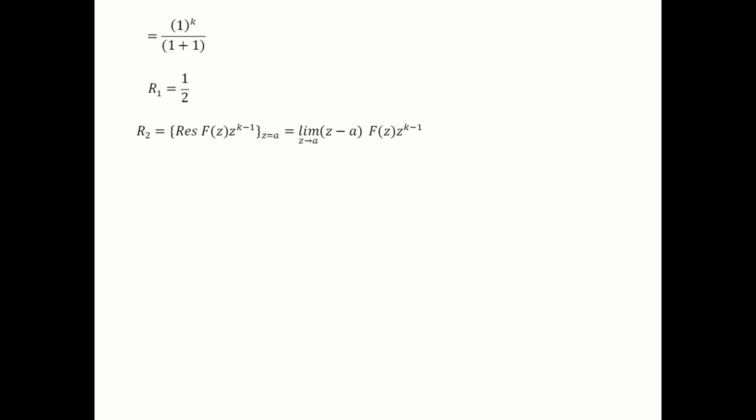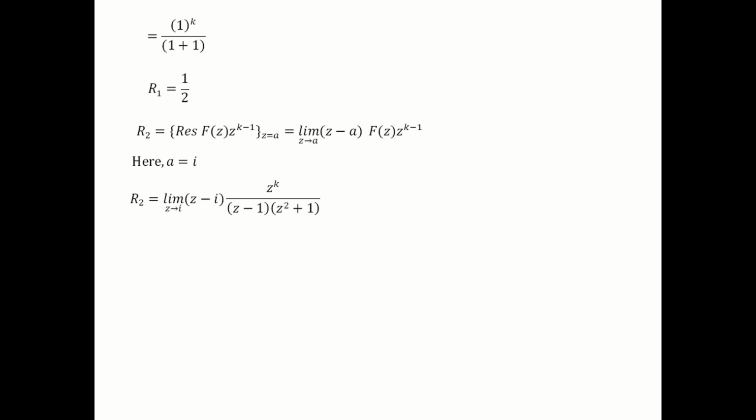Now R2. Now taking a is equal to i, right? So limit z tends to i of z minus i into z power k by z minus 1 into z square plus 1. So splitting z square plus 1 using the a square minus b square formula, that is z square minus 1, and minus 1 can be written as i square.